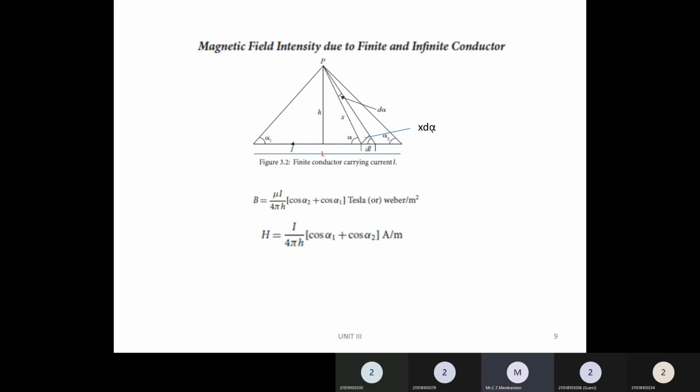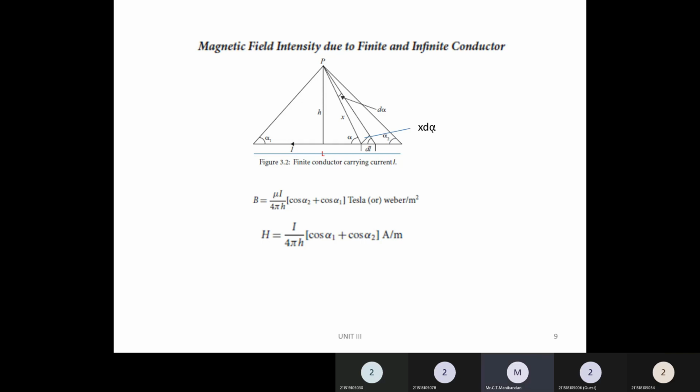Always first you will find the magnetic flux density, and from that you can calculate the magnetic field intensity. So B is equal to mu I by 4 pi h into cos alpha 1 plus cos alpha 2, in Weber per meter square, or Tesla. This is for a finite conductor.